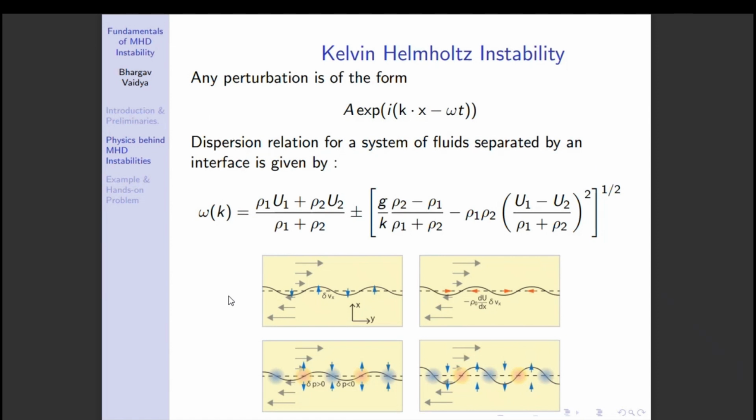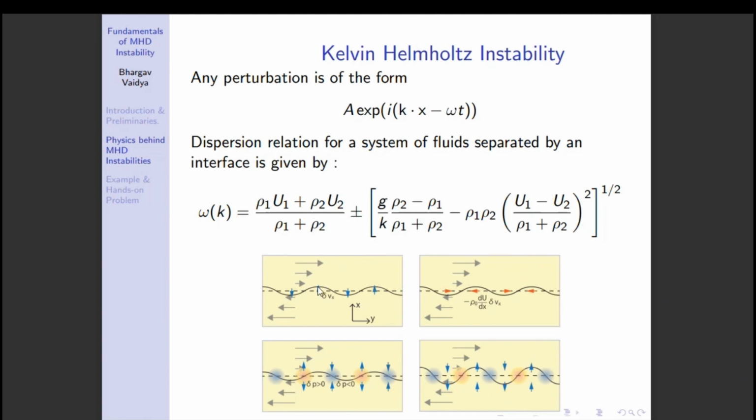Let us assume this is the X direction and this is the Y direction. When you push the fluid down, if everything comes back, then it is a stable equilibrium. If I put this disturbance and it goes away, and ultimately reaches something stable, then it is stable.